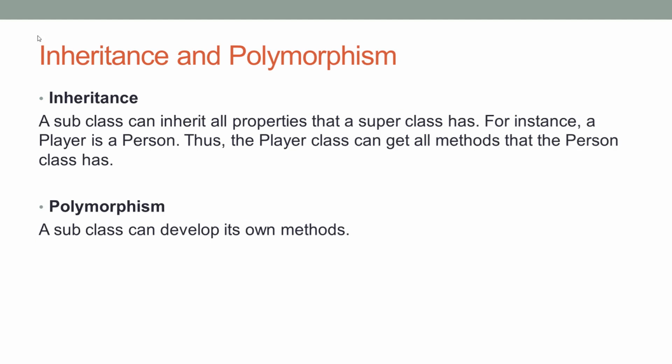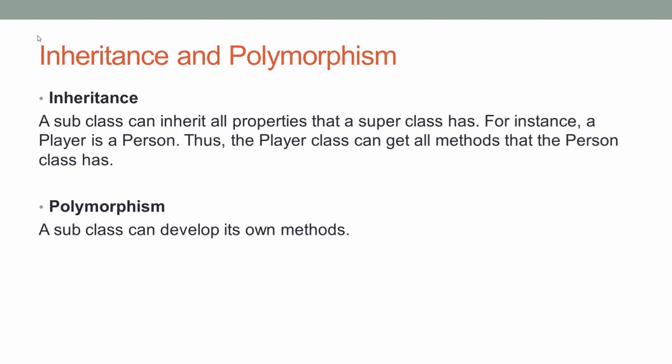Now we can talk about the definition of inheritance. Because we develop a subclass based on the superclass, a subclass should have every method and every property that a superclass has. For example, if in the superclass person we have a method called showName, and then we develop a subclass called player based on the person class, then the player class should also have a method called showName, even though we don't have to repeat the code showName in the player class.